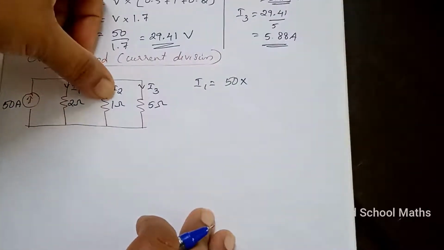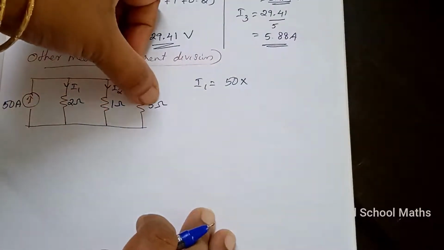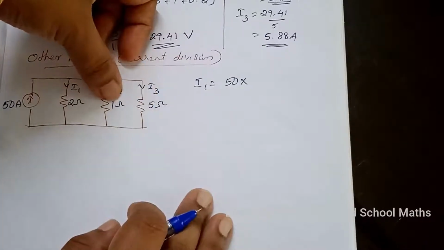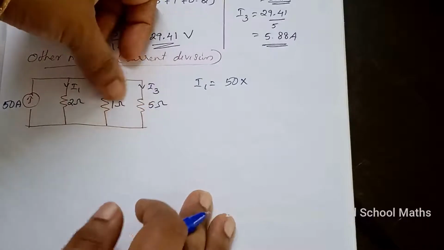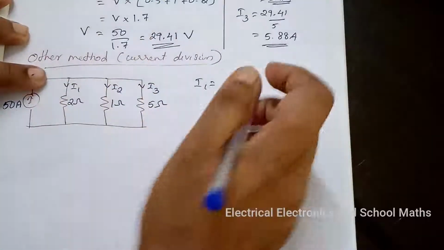That is, the parallel combination of 1 ohm and 5 ohm is 1 into 5 divided by 1 plus 5, that is 5 by 6.